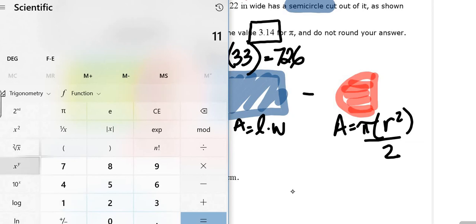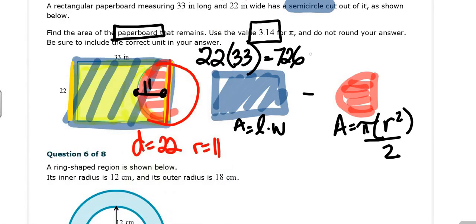So we're going to go 11 squared times exactly 3.14 divided by 2. We get 189.97. Very important, it says do not round your answer.